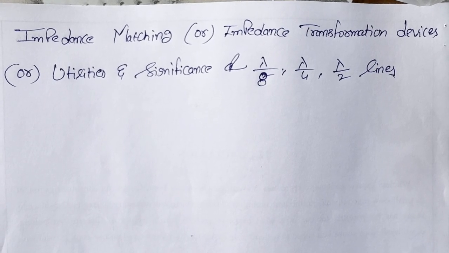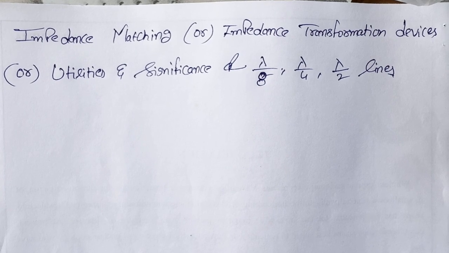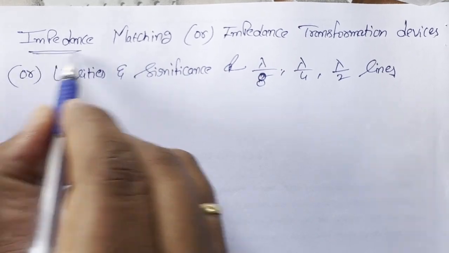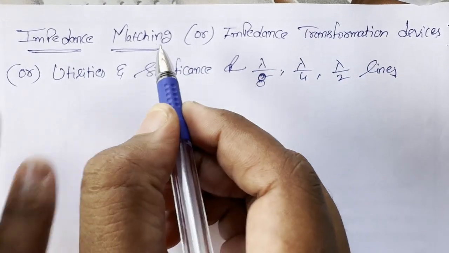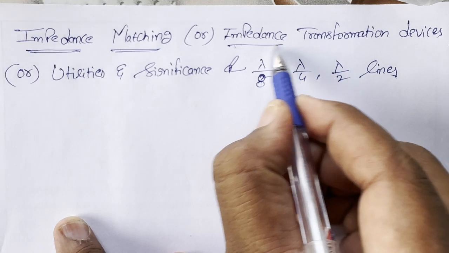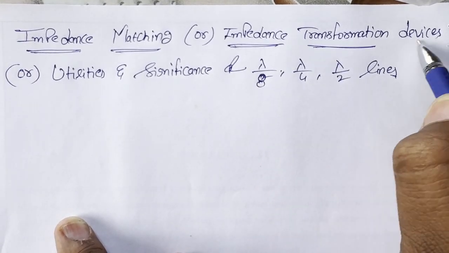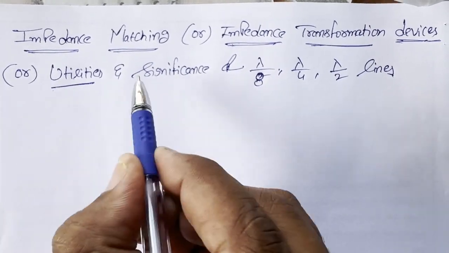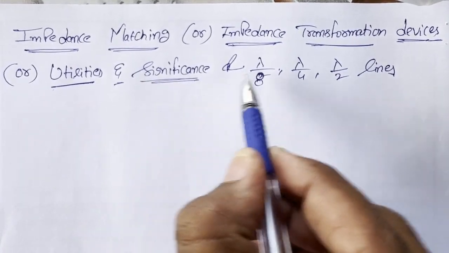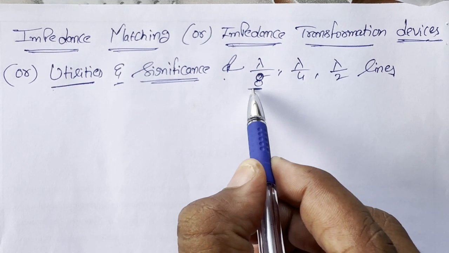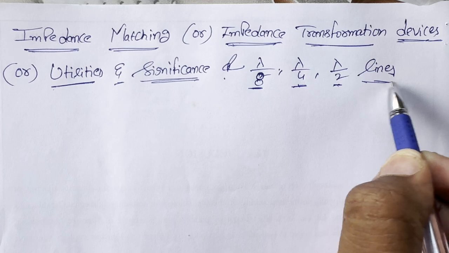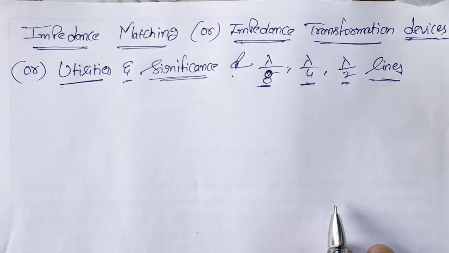Good morning, students. Now we will discuss a very important topic, that is impedance matching or impedance transformation devices or utilities, and the significance of lambda by 8, lambda by 4, lambda by 2 lines. Very important topics.